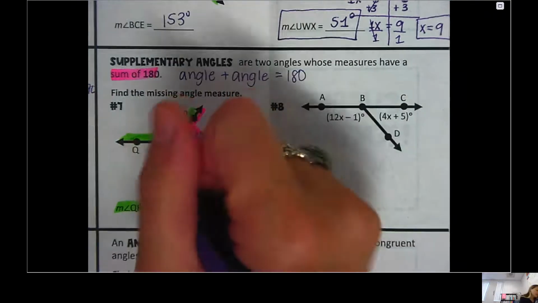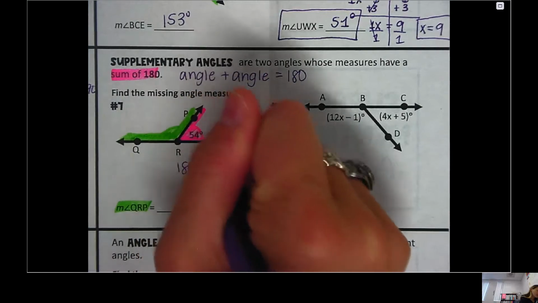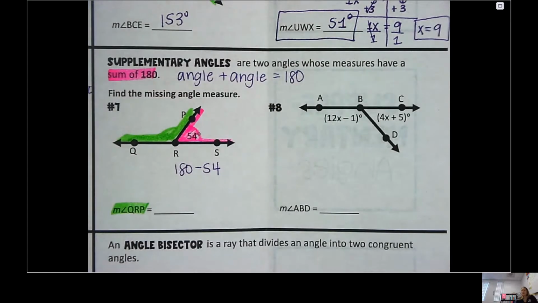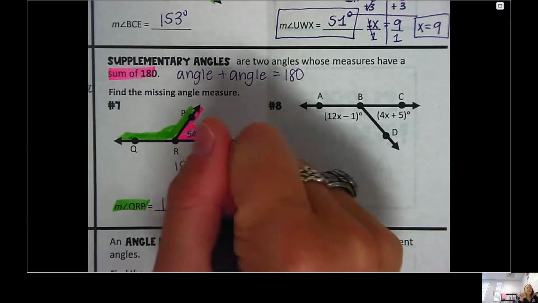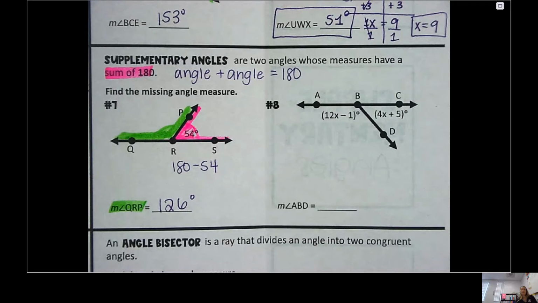Perfect. That's it. 180 minus 54, and that'll give you my answer. Because I've already used up 54 of the 180. So if I subtract the 2, I get 126 degrees. Easy peasy, right? So easy.